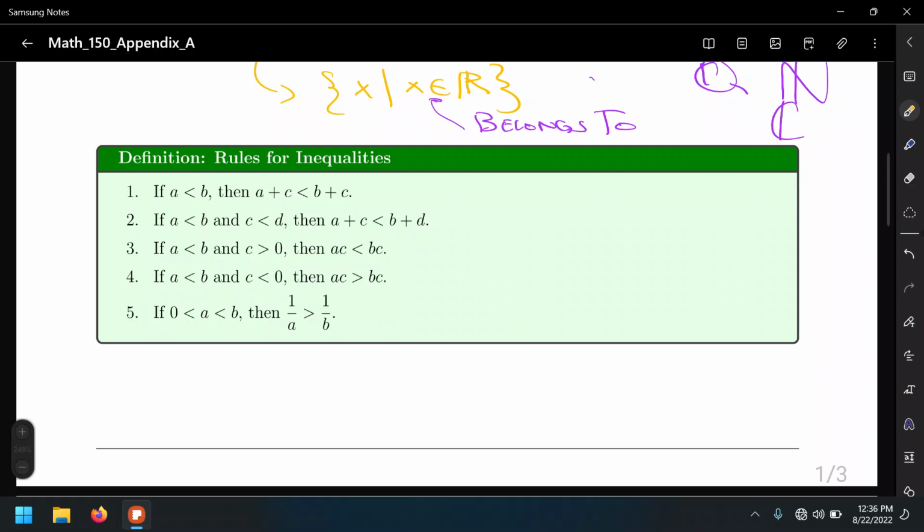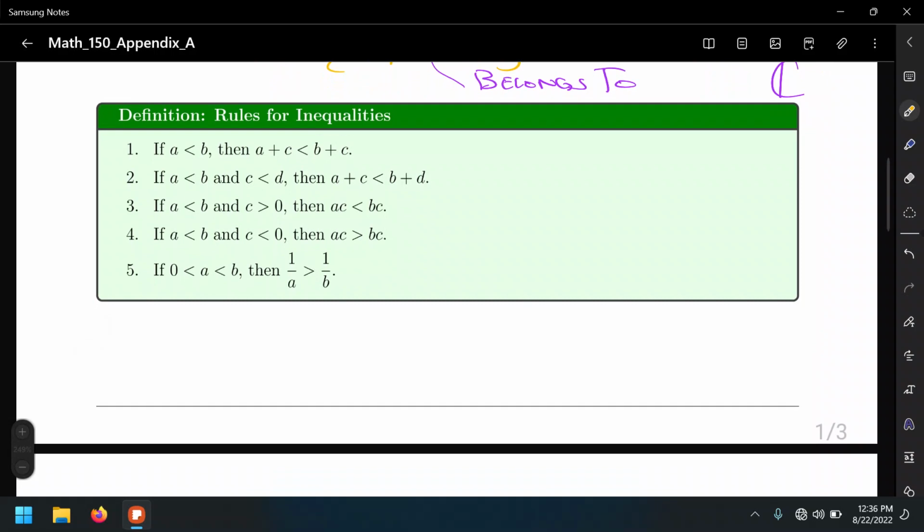So we will describe those intervals or those values of x as sets in the form of inequalities. And in some cases we may need to solve certain inequalities. So let's have a look at some of the rules.